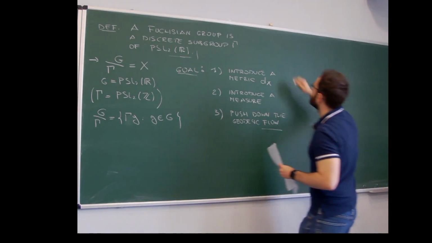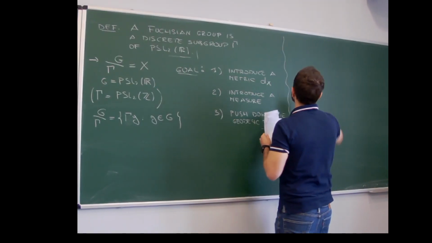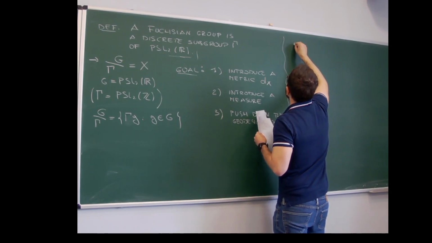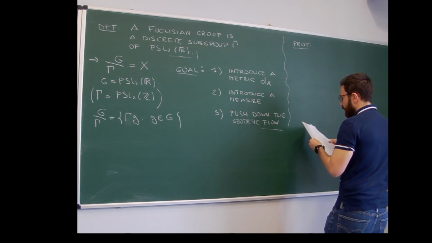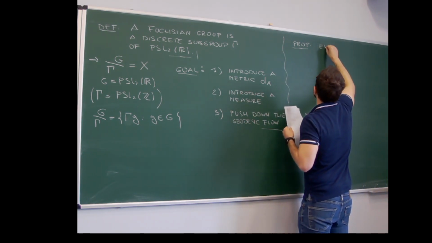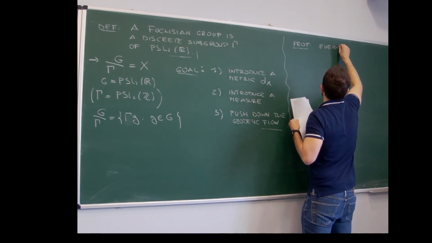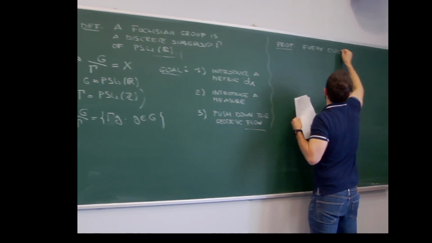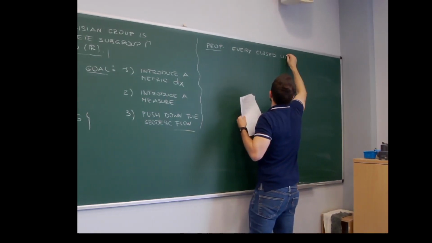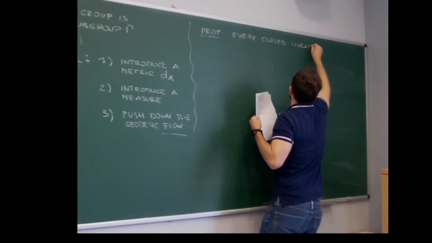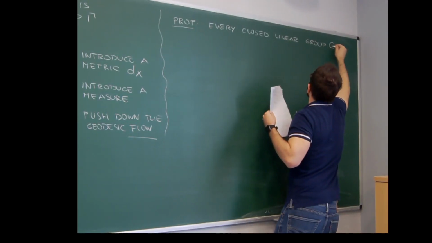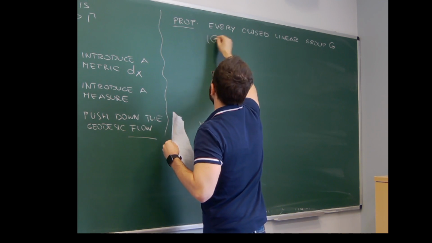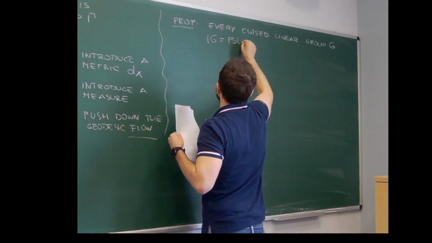the metric. So one has the following result. Proposition: every closed linear group, and you can think of G as PSL2R.